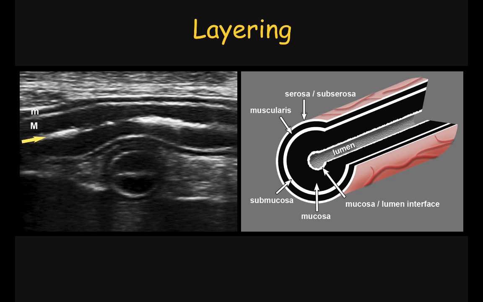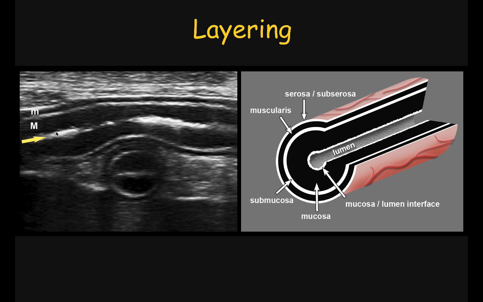Wall layering is an important part of the GI wall evaluation. Once the lumen is clearly identified as a hyperechoic interface, often with tiny gas bubbles, we can see on each side of that lumen a discrete, thick layer, nearly anechoic, that is the mucosa.